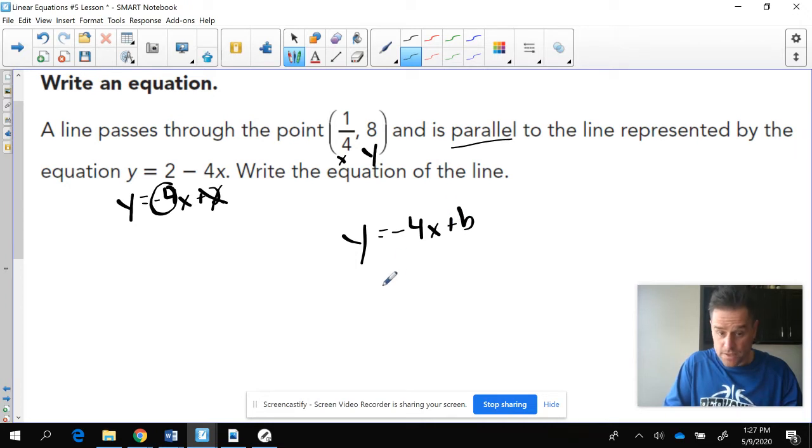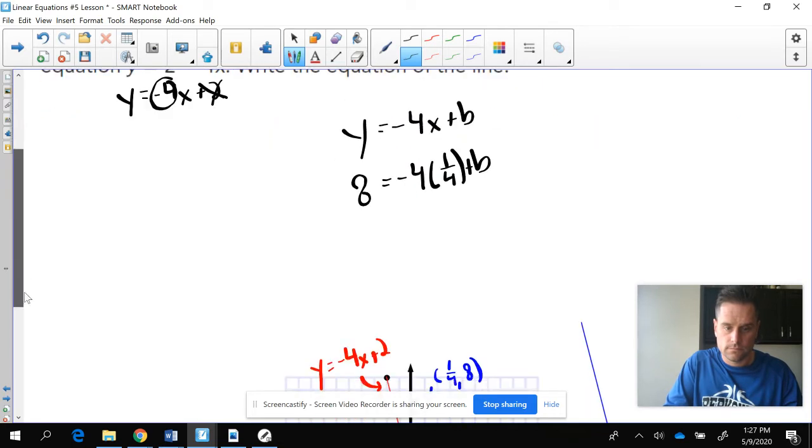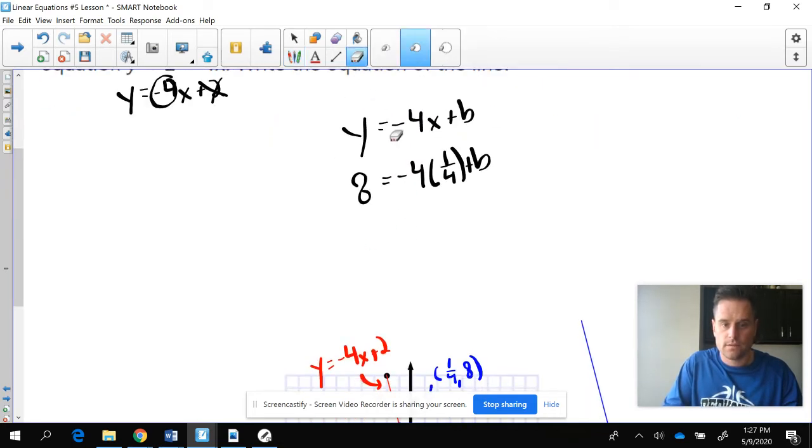And the other piece of information that I do know is my y is 8, and my x is 1/4. Let's solve this. -4 times the 1/4 is -1 plus b.